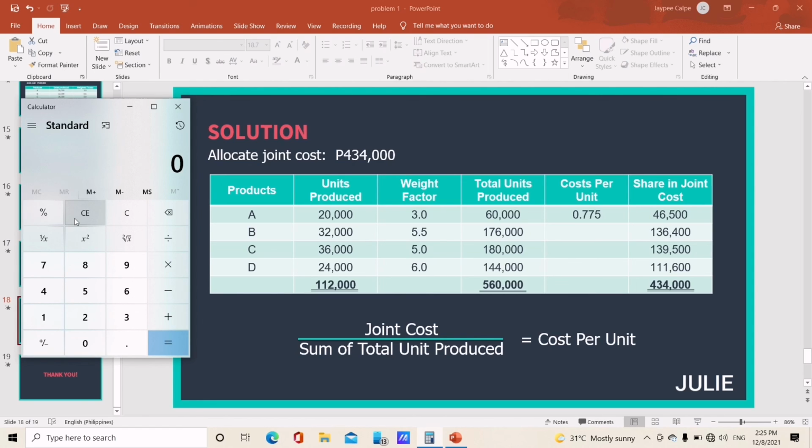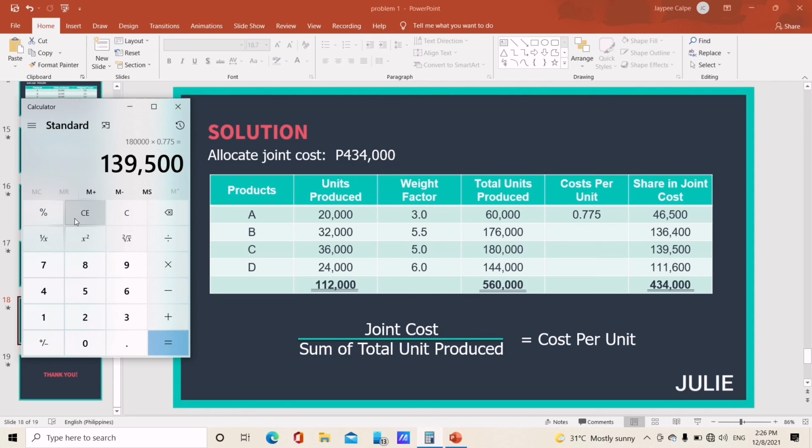So let's compute. 60,000 multiplied by 0.775, we have 46,500, the same as the computed share in joint cost. So 176,000 multiplied by 0.775, which is the cost per unit, we have 136,400 for product B, the same as the computed share in joint cost. Product C, 180,000 multiplied by 0.775.